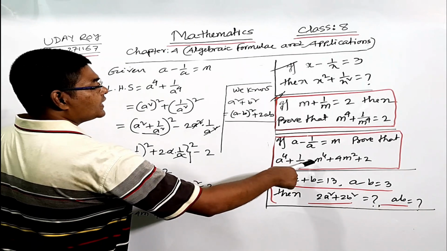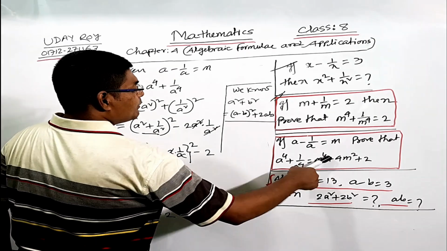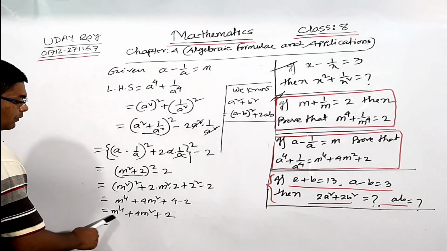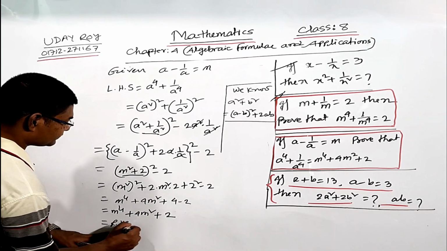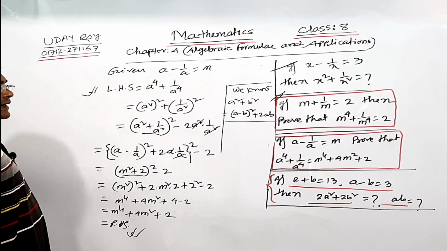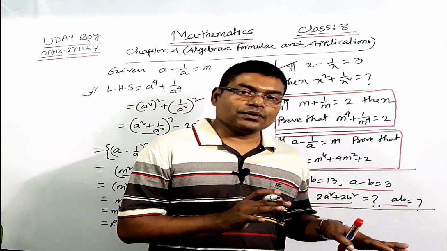You can see a to the power 4 plus 1/a to the power 4 equals m to the power 4 plus 4m square plus 2. This is the right hand side. So we have got the left hand side equal to the right hand side.